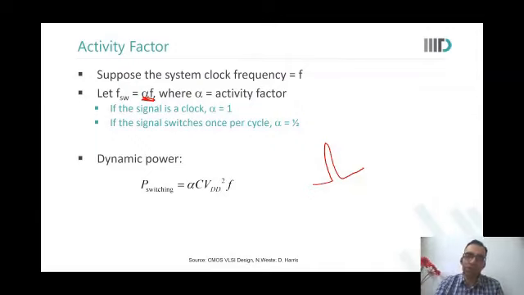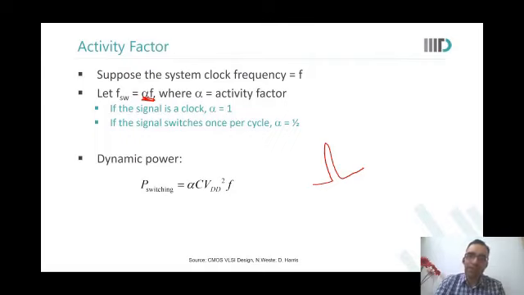So what is alpha for that particular circuit? 1 by 2, sir, as it's rising and falling. Any single switch, a signal switching once, meant alpha is equal to 1 by 2. Over here, the signal is switching twice, isn't it? It is rising and then it's falling. Then it's 1.